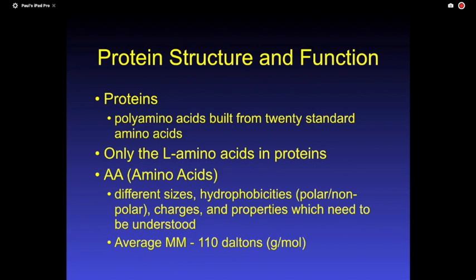Now, the average size of an amino acid is about 110 what they call Daltons, okay, which is another terminology for grams per mole. So it's a molecular weight. Okay, so each amino acid is about 110 on average. All right. Again, they're larger, they're smaller, but that's a good average.